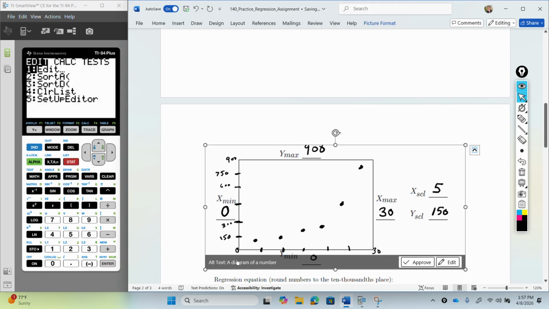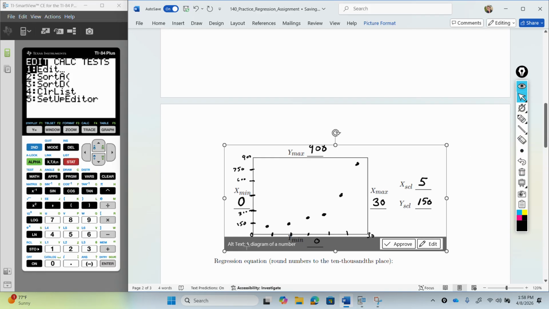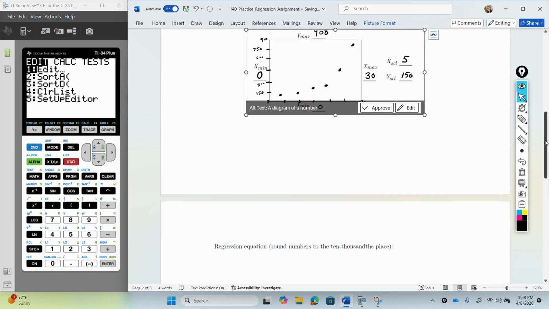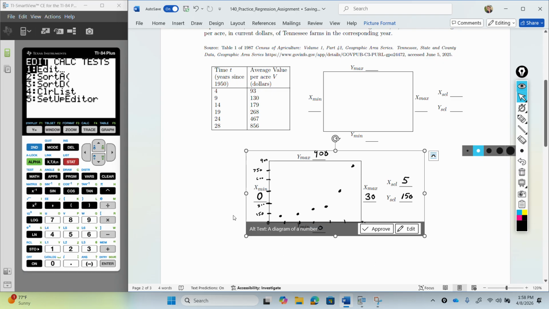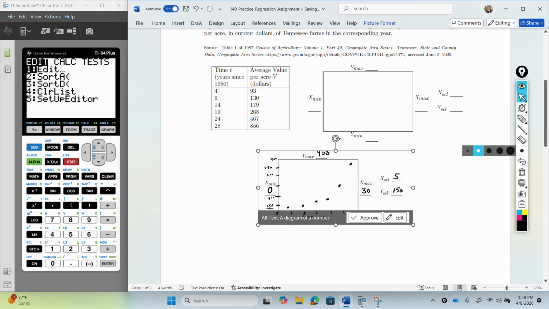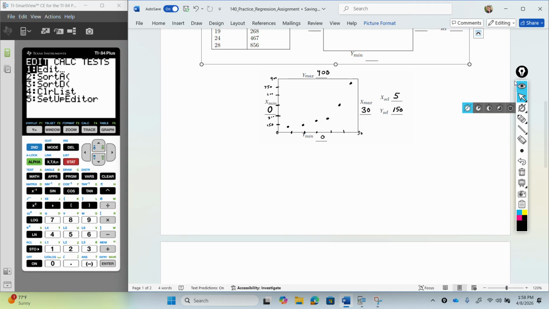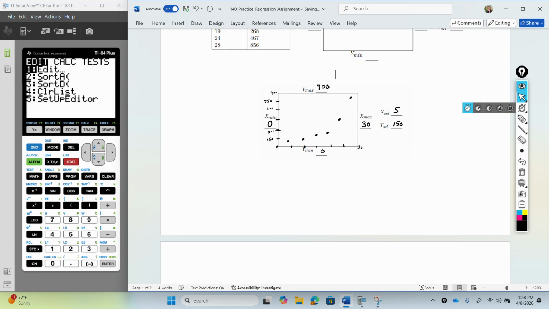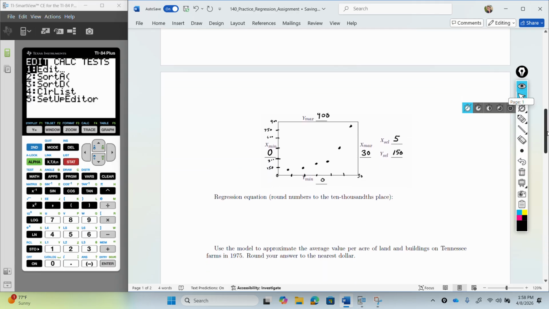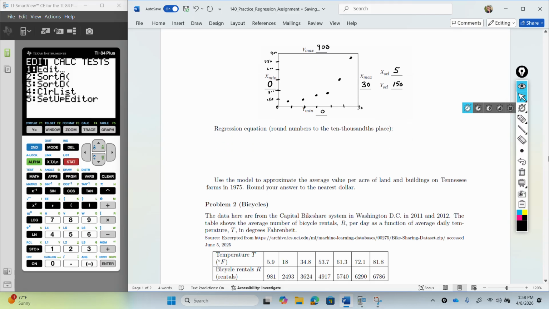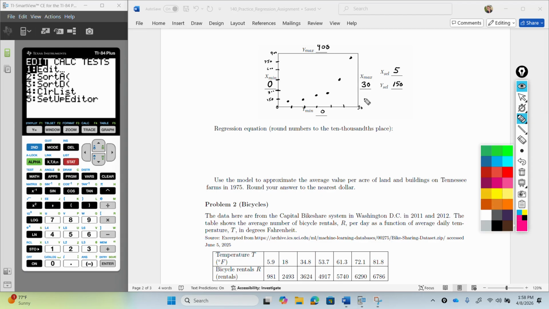Okay, now I'm going to make this really small so I can get it onto the screen. Because I need to decide what kind of regression I use. So now what kind of regression am I going to use? Now what I'm doing in red is not part of the answer. What I have here in black is how you would be expected to draw in that box.